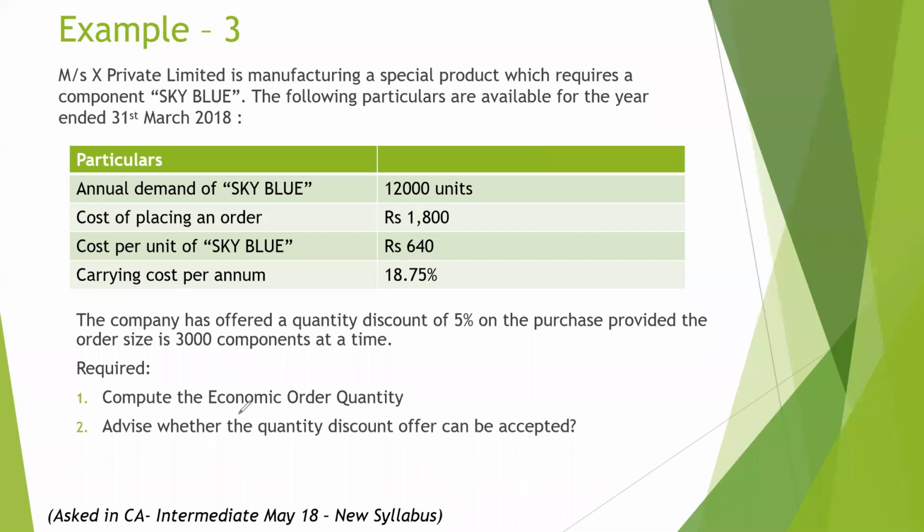The next part of the question requires us to calculate whether the quantity discount of 5% should be accepted or not.